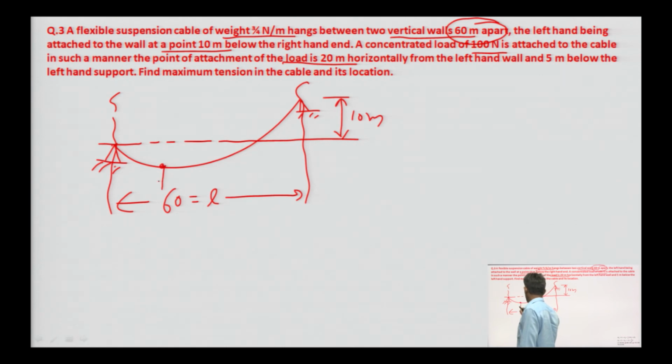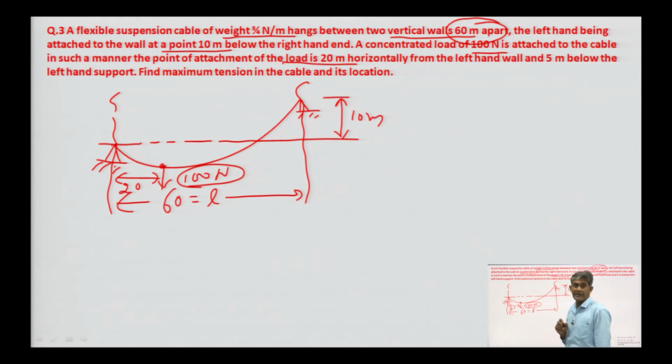From here 20 meter, a point load of 100 Newton has been attached. And 5 meter below the left hand support; this distance is 5 meter below the left hand support.